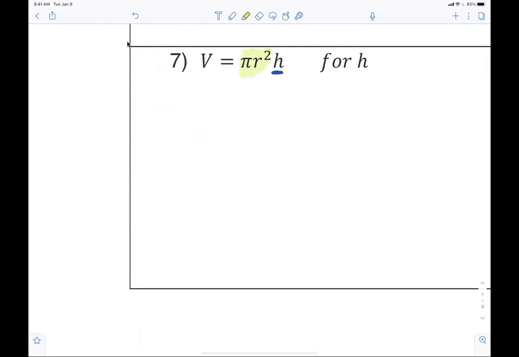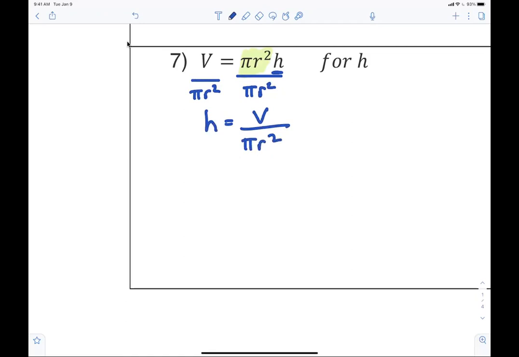How do I get rid of pi times r squared? Divide. So I'm going to divide by pi r squared. So the height of a cylinder is always the volume divided by pi r squared. That's all that means.